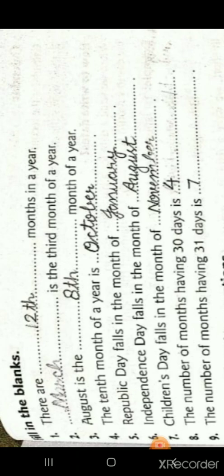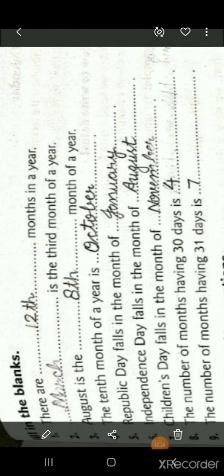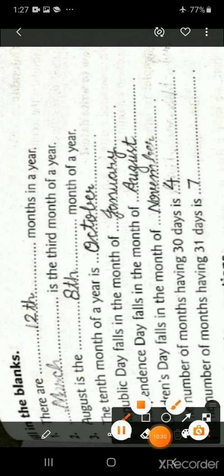Fourth, the 10th month of a year is, yes, October. You will write here October. Fifth question is, Republic Day falls in the month of, yes, January.